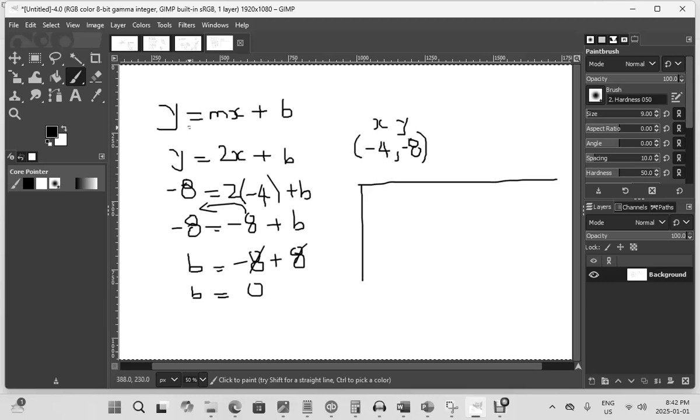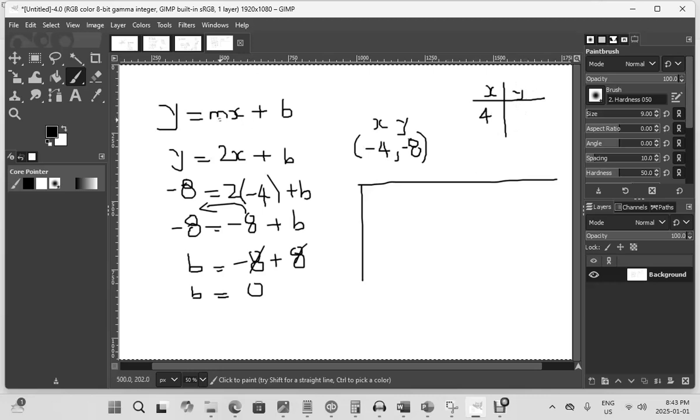To figure out your y, let's say you have your x coordinate, which is 4, and you want to figure out your y coordinate for a point.